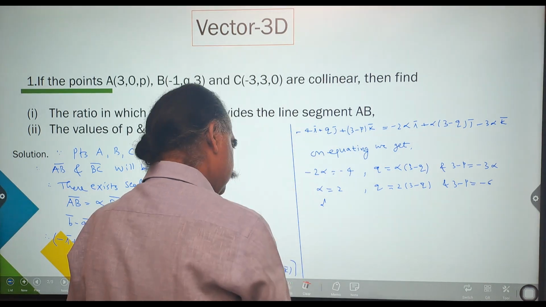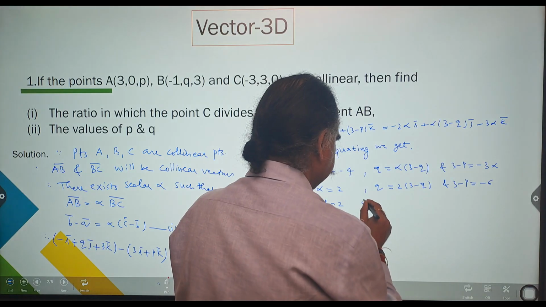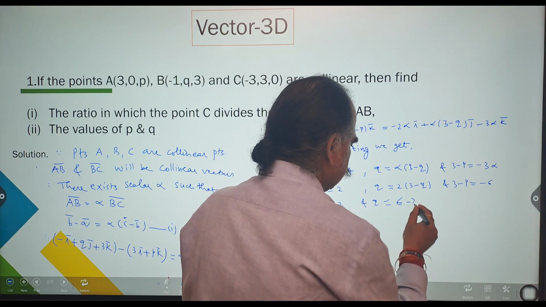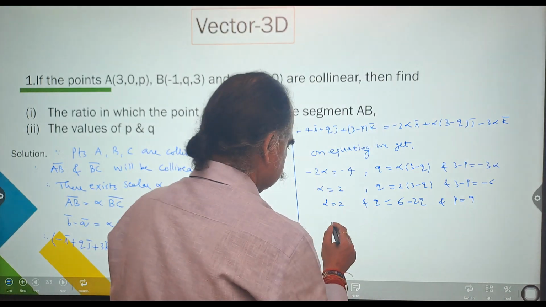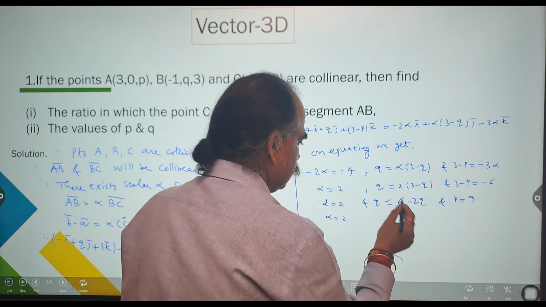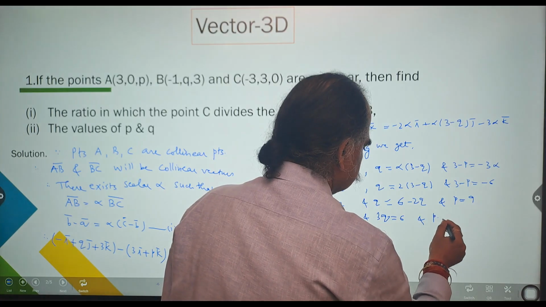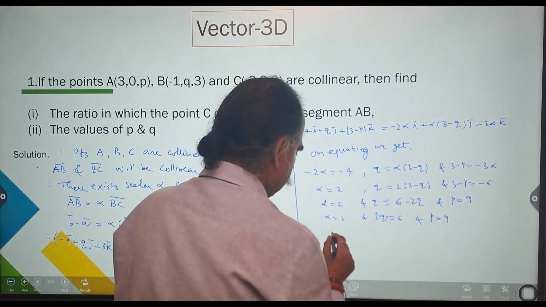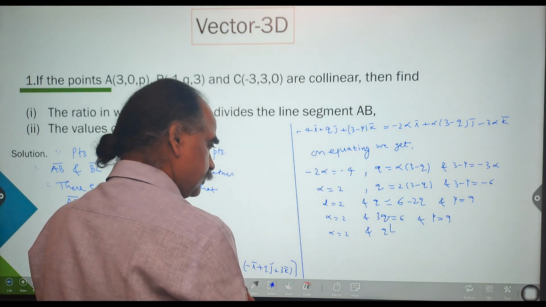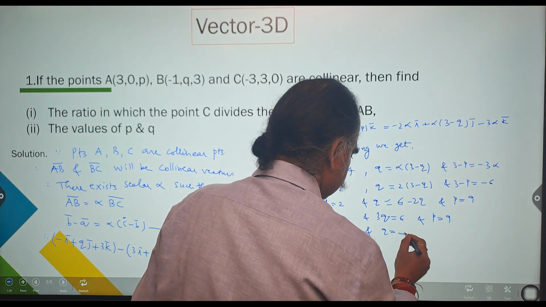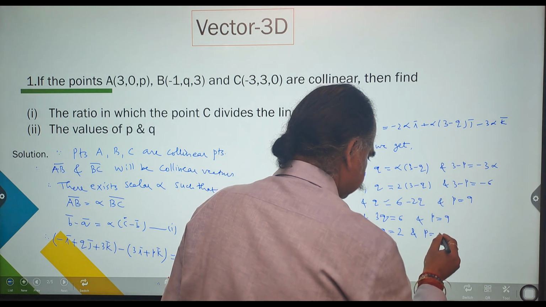So alpha is 2, and q is 6 minus 2q, so 3q is 6, q is 2. And p is what? 9. So p is 9.